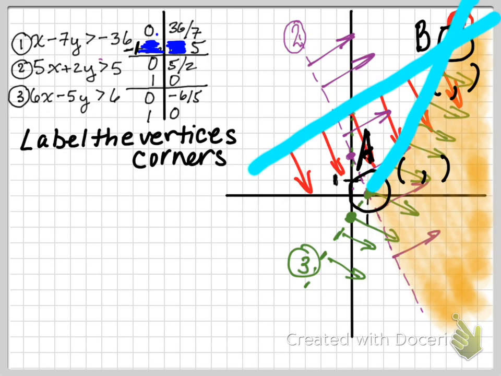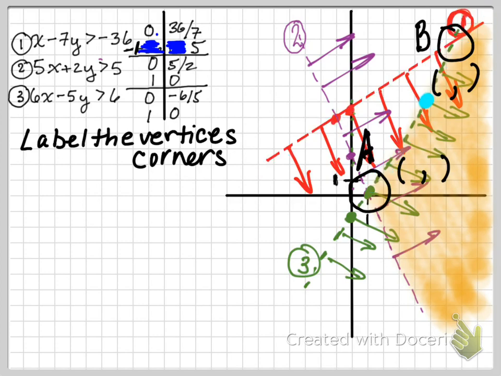So I'm going to do the system of equalities to find where those intersect. And then for the other one I'll do this edge and find where those two intersect. That one's actually really easy, right?